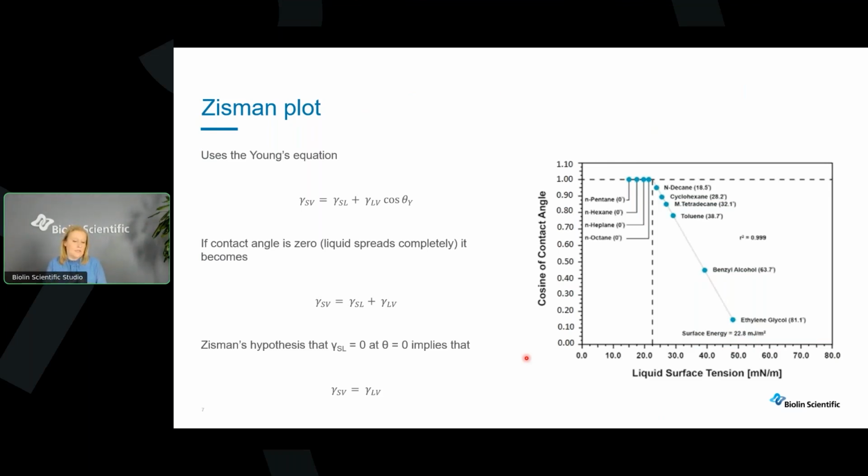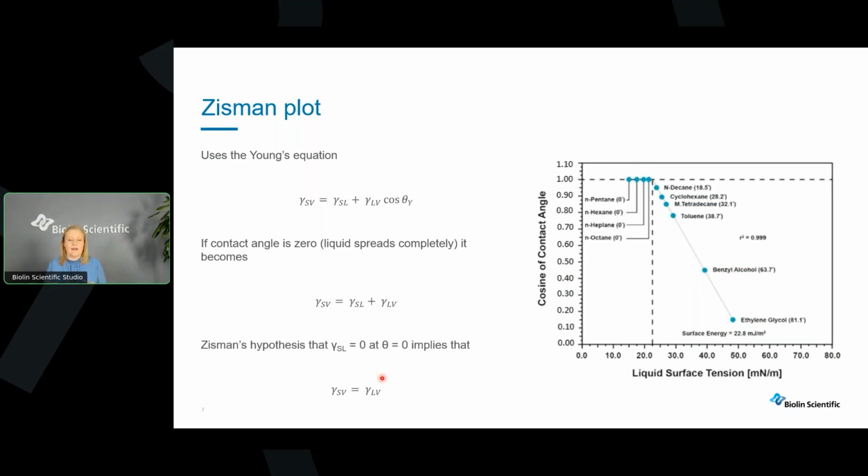And when you reach the contact angle of 0, so basically the cosine of the contact angle is 1, then if we look at Young's equation, this term here goes to 0, then basically the surface free energy is equal to the surface tension of the liquid.